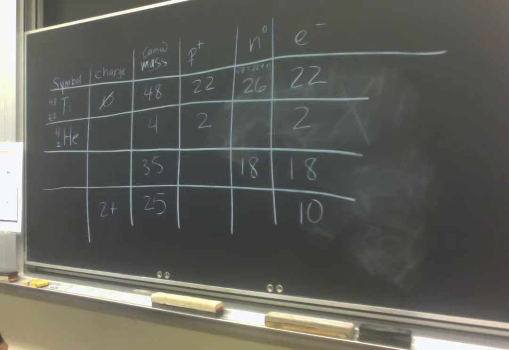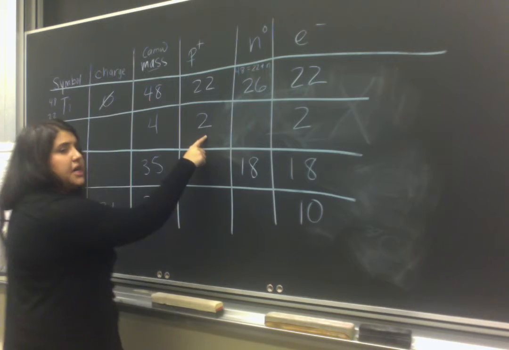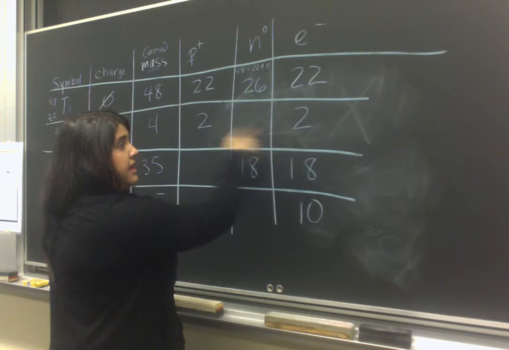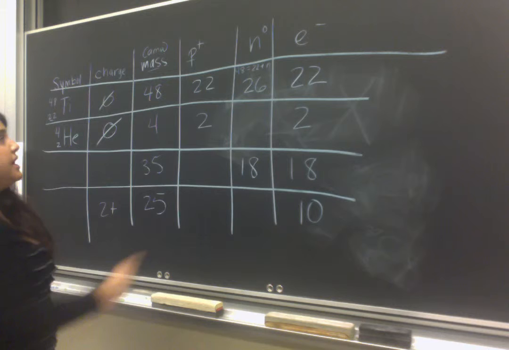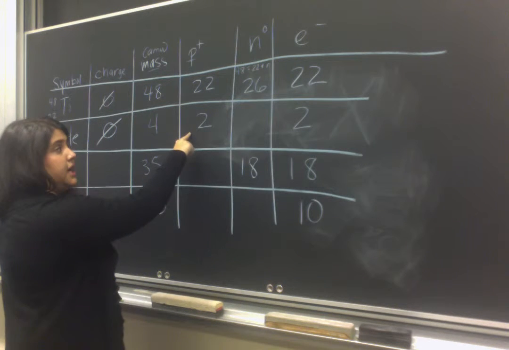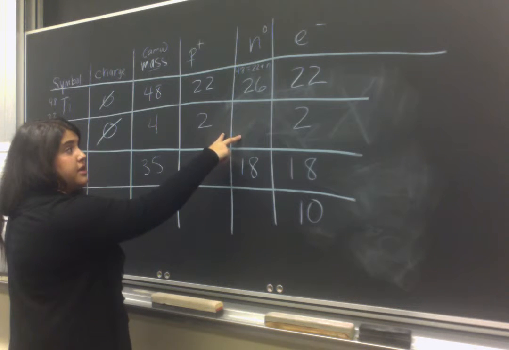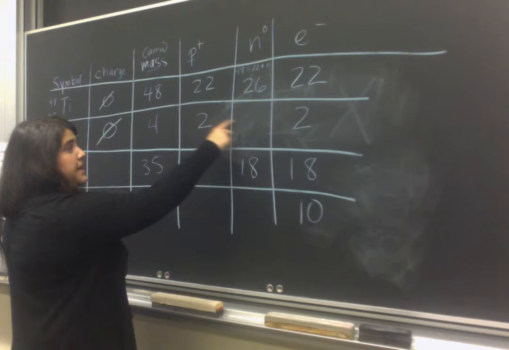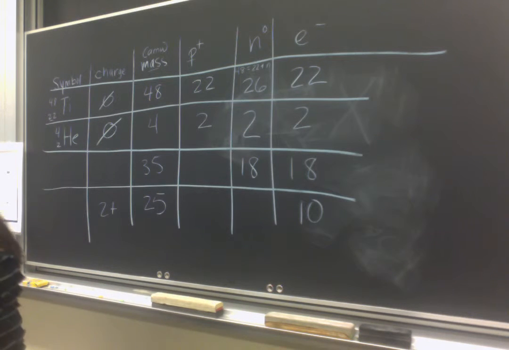For the charge, I look at my protons and electrons. They are equal, so my charge is 0. My number of neutrons has to do with my mass and number of protons. My mass is contributed by protons and neutrons, so 4 minus 2 gives me 2 neutrons.